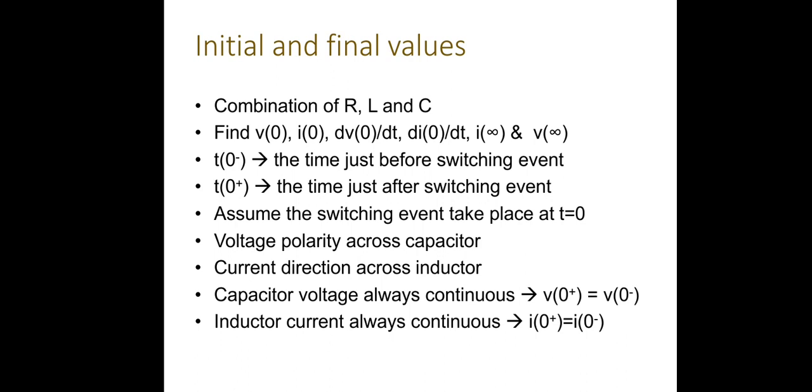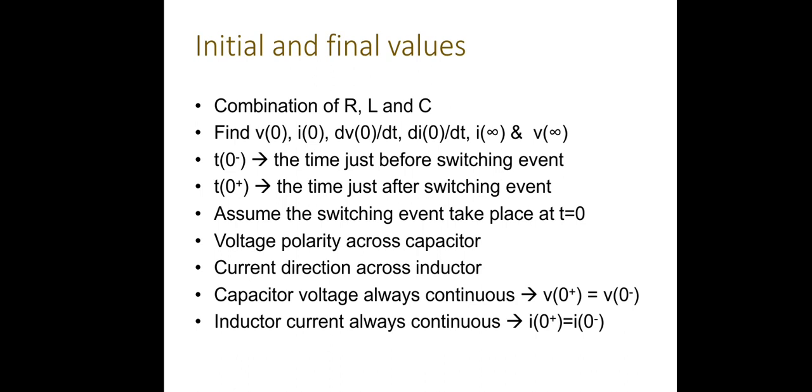And you take t greater than 0, which tends to infinity. Generally three positions are considered, but here the initial value conditions are V of 0, I of 0, and dV of 0 by dt or dI of 0 by dt, and the final value conditions are I of infinity and V of infinity.